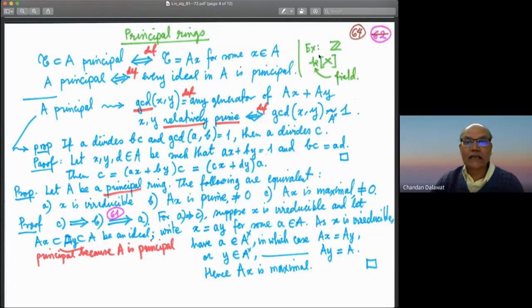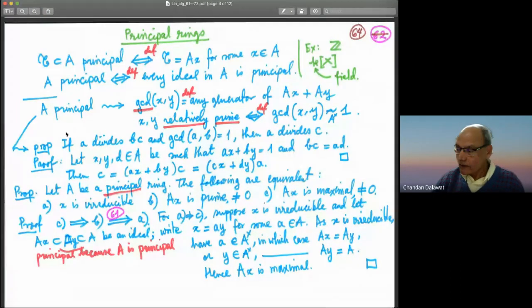Similarly, if you take some field little k and take the polynomial ring, that also is a principal ring. Again, these rings are sometimes called principal ideal domains. But I prefer this shorter terminology because they are rings in which every ideal is principal. So I call them principal rings. The definition is that every ideal should be principal.